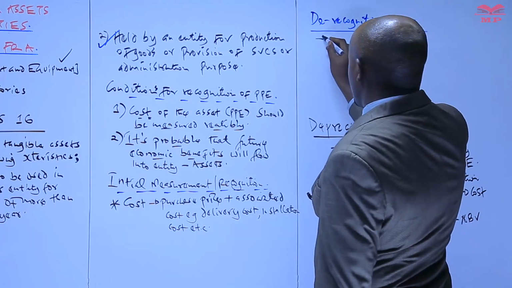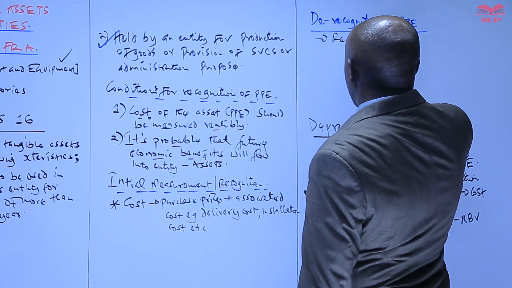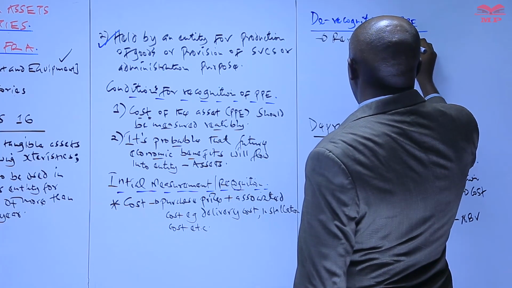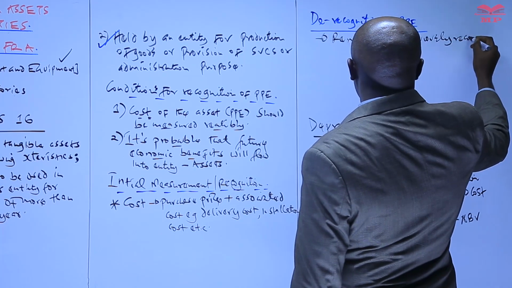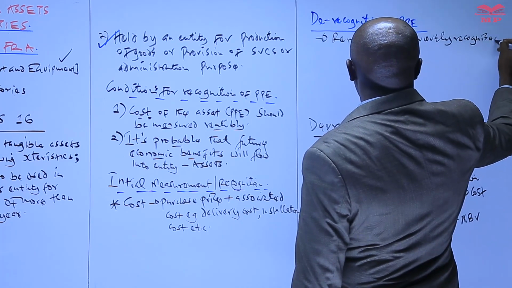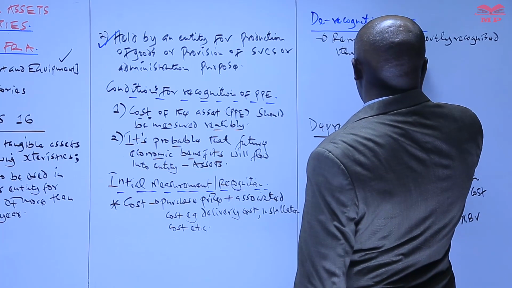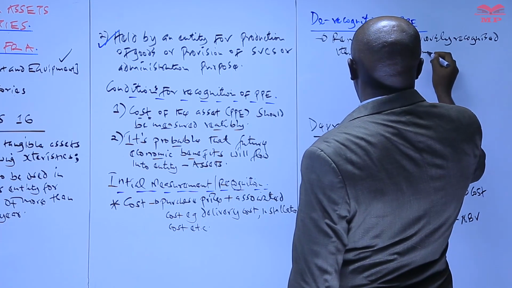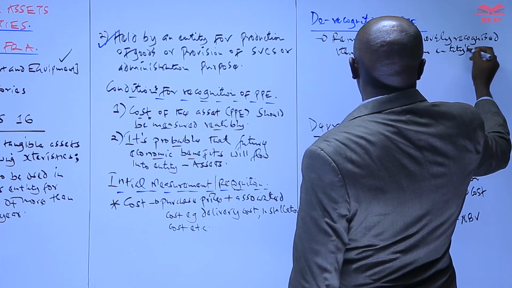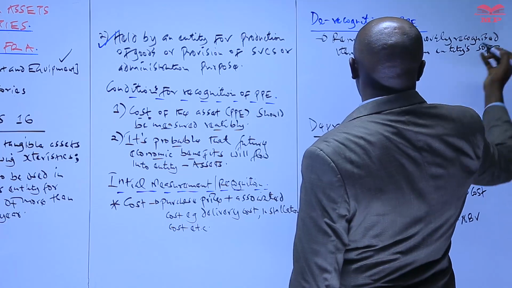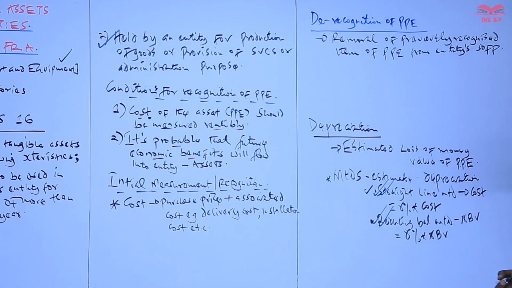So the derecognition is the removal of a previously recognized item of PPE from the entity's statement of financial position.